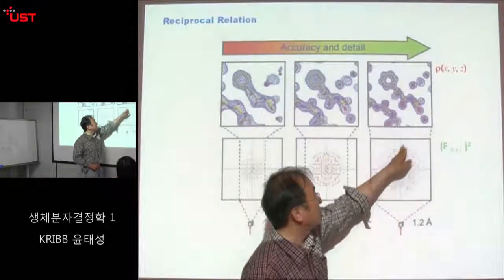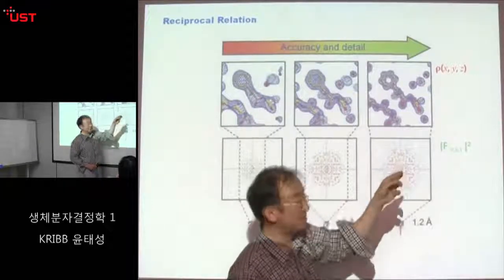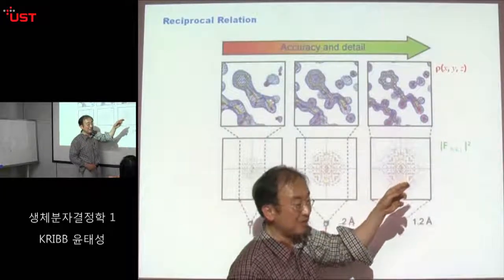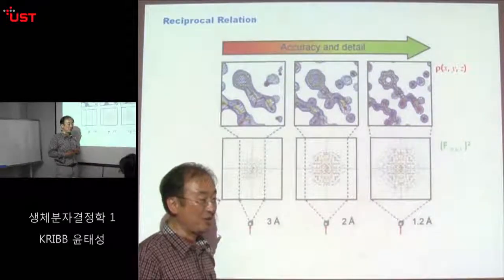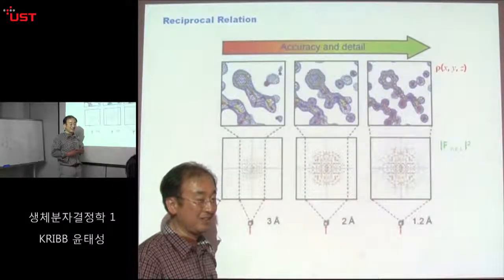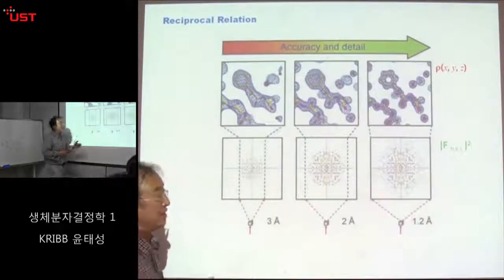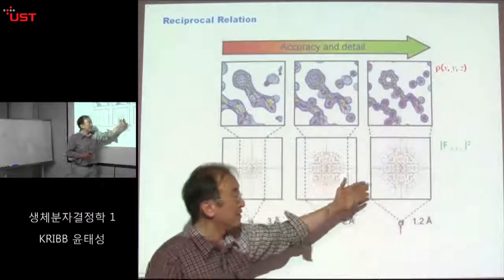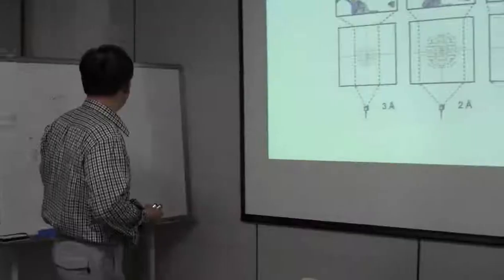And increasing K, increasing H, this dimension L. Okay? Now you have such a mental construction of reciprocal space or diffraction data in integers. Okay? Such a plane, such a point is connected to this kind of plane.